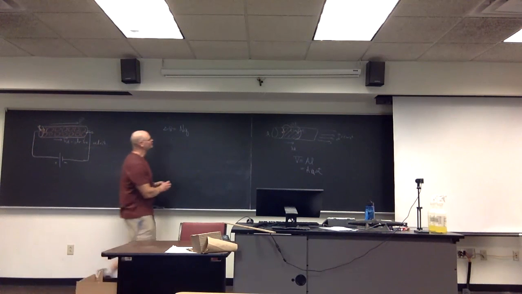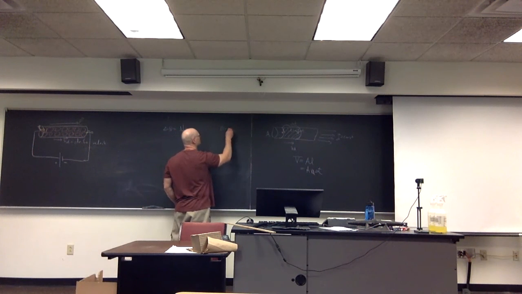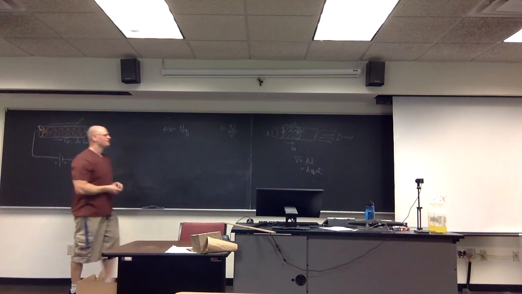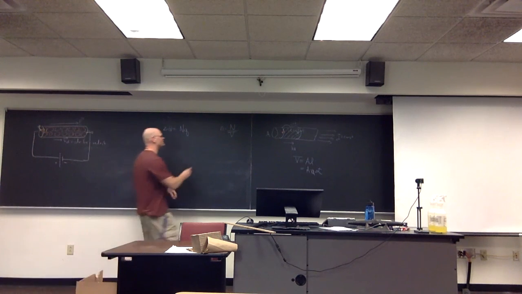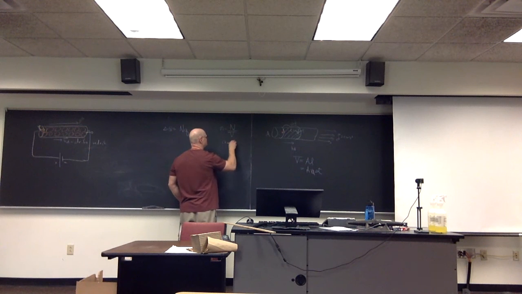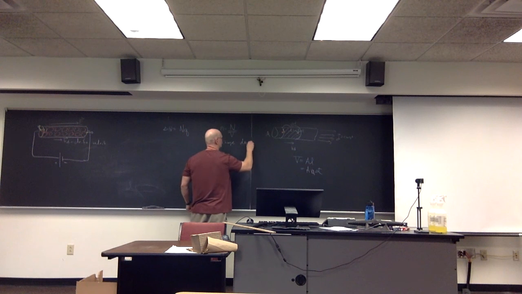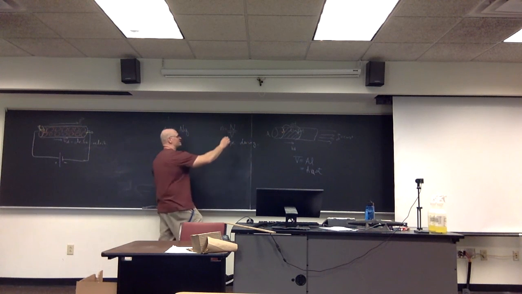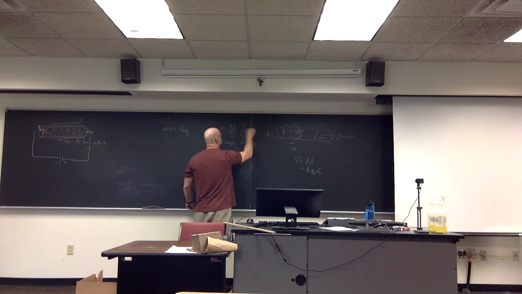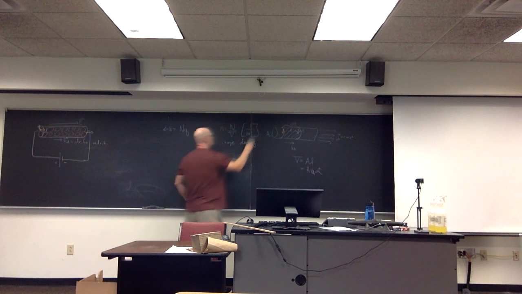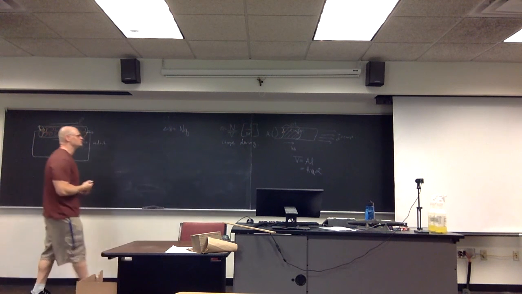Now, from here, we can define a new quantity, little n, where little n is equal to the number of particles divided by the volume. This is what's known as the charge density. This thing has units of what? Per meter cubed. So this is the number of particles per meter cubed.